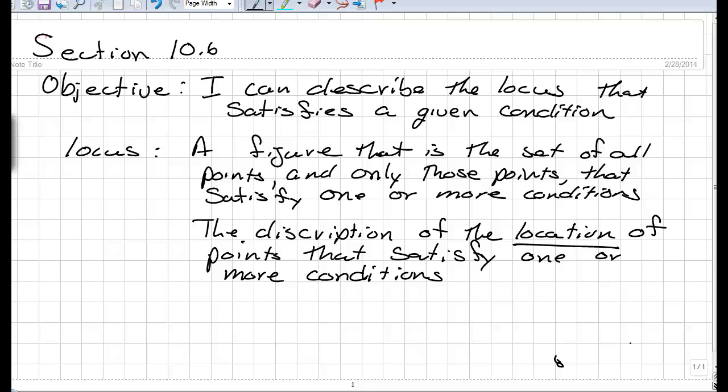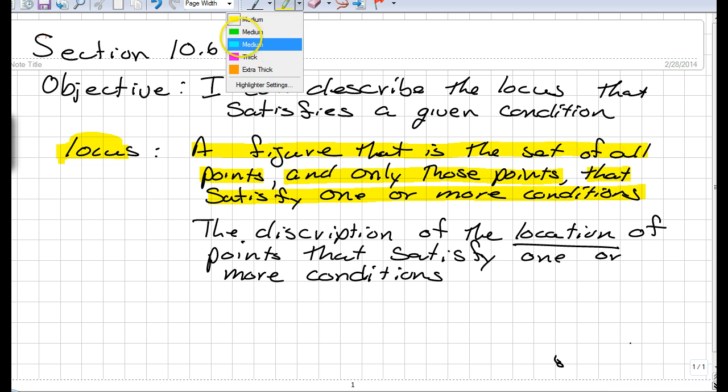Section 10.6, our objective today is I can describe the locus that satisfies a given condition. So first of all, let's define what we mean by locus. A locus is defined by a figure that is the set of all points and only those points that satisfy one or more conditions.